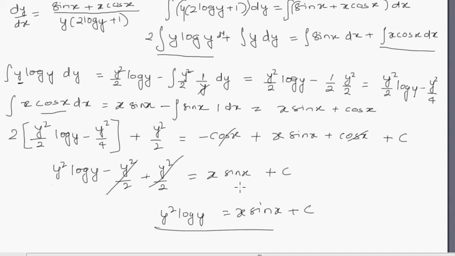This type of equation, based on the method of solving, is called variable separable type, where you can separate out the x's and the y's, just like here. Everything is y here and everything is x here, and then we integrate on both sides, and from there on it's straightforward. Hope that helps. Thanks.